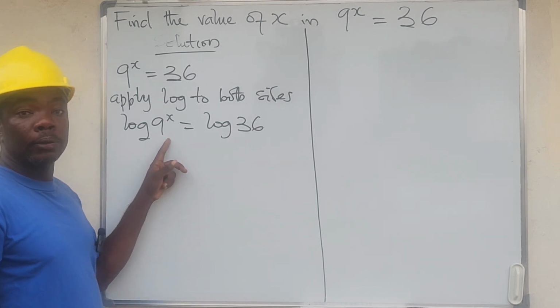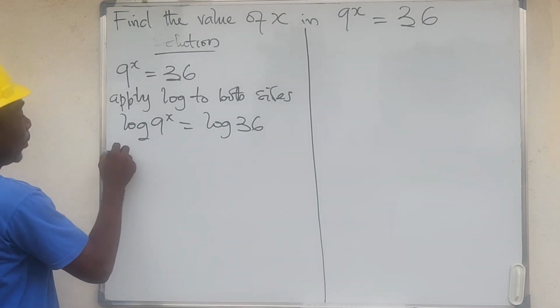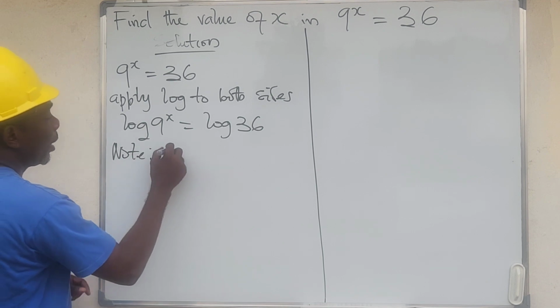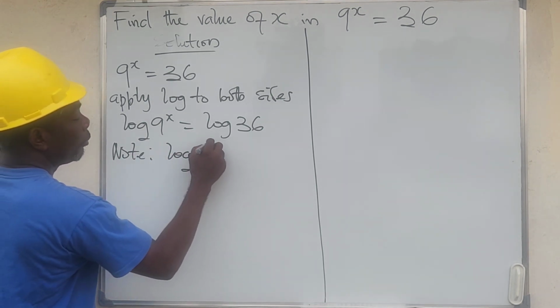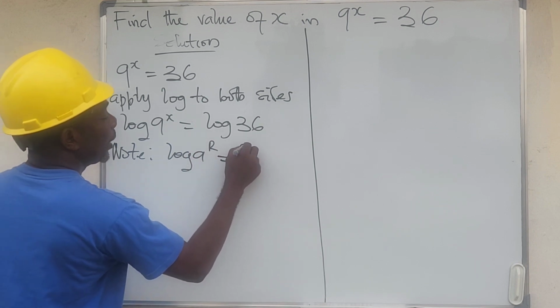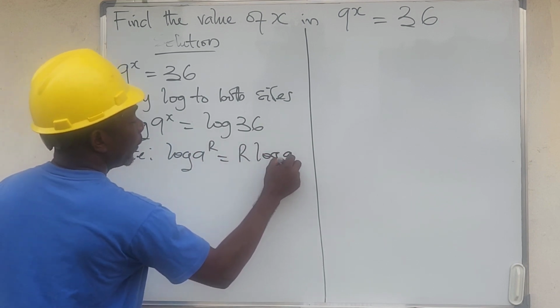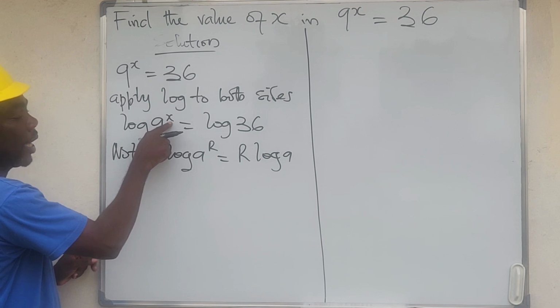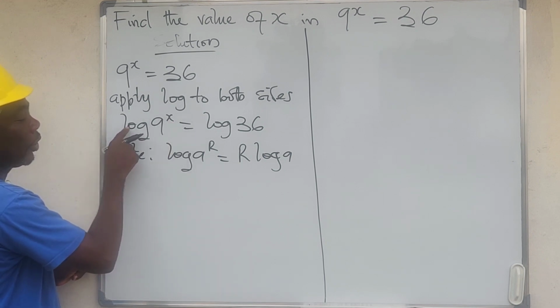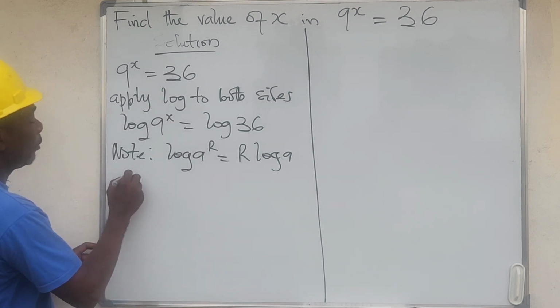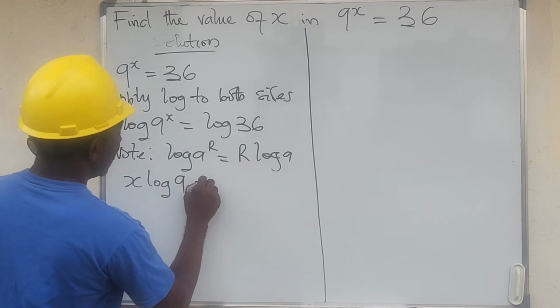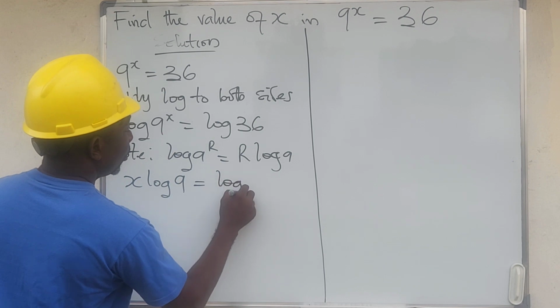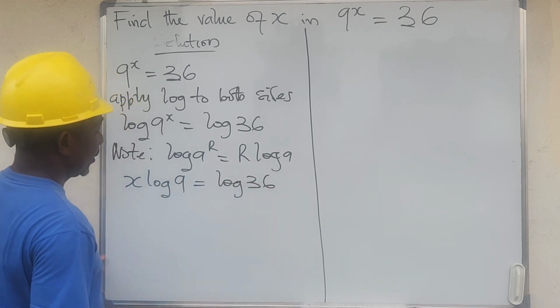Here we can recall that when we have log a raised to the power of r, it is the same thing as r log a. So in this case, this x can come in front of the log. So we have x log 9 equals log 36.